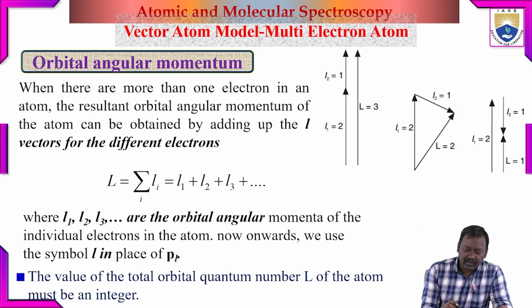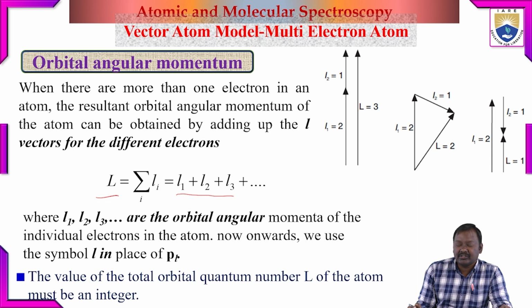If L1, L2, L3, etc. are the orbital angular momenta of individual electrons, say three electrons with L1, L2, L3, then the total orbital angular momentum of all electrons should be added up.